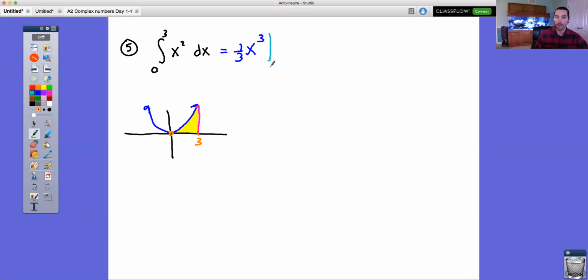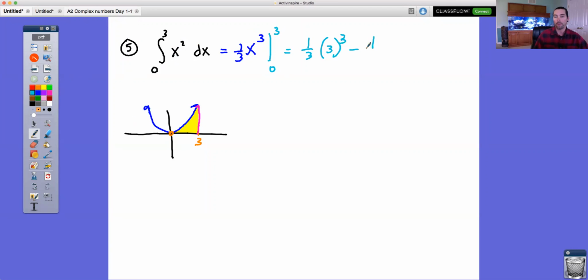That you will now evaluate from 0 to 3. This bar that I wrote is the evaluation symbol. So evaluate the antiderivative from 0 to 3. So you are going to plug in the upper limit first.